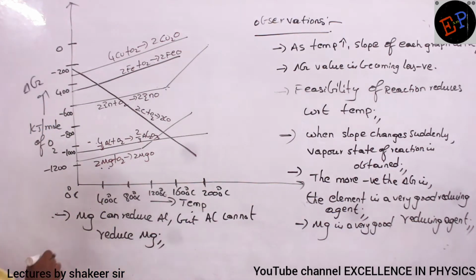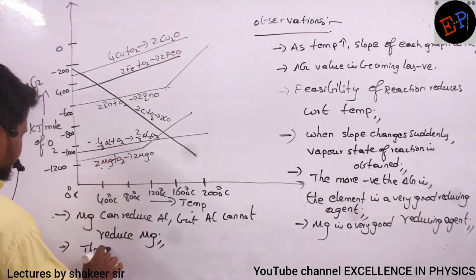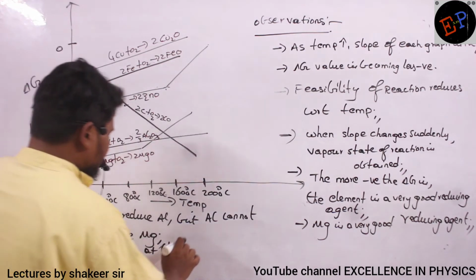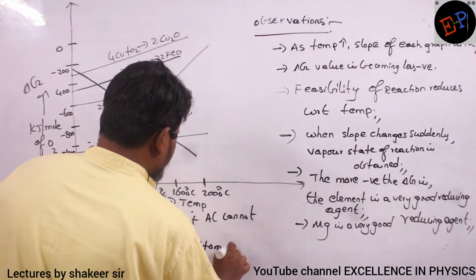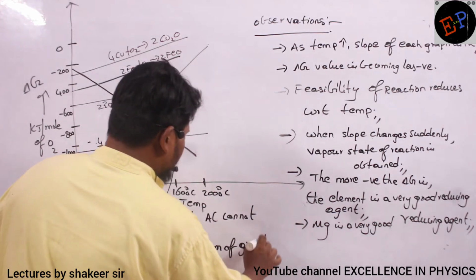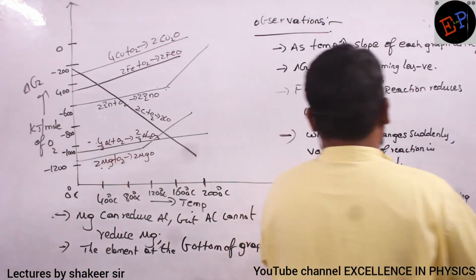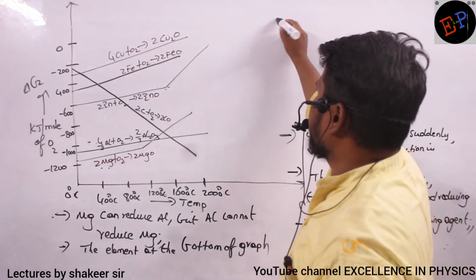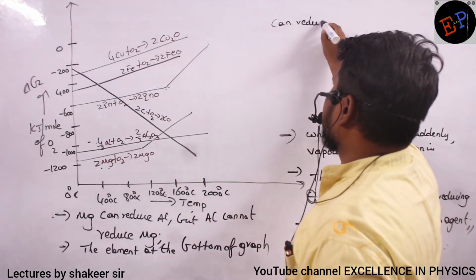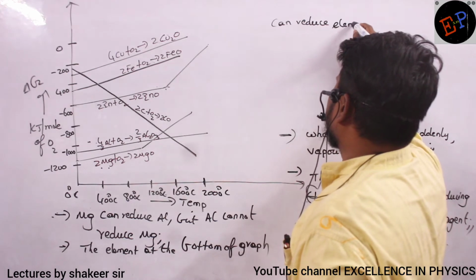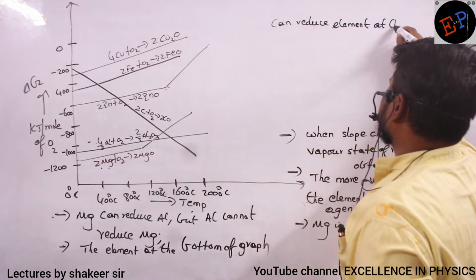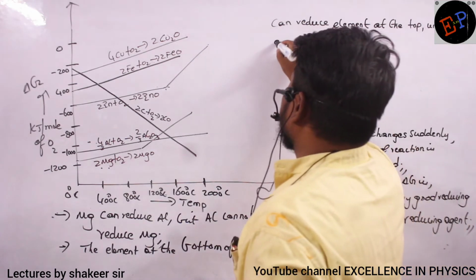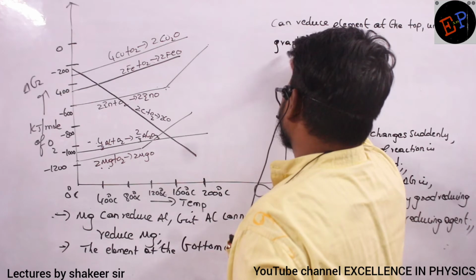And one more point which I can write is, the element at the bottom of the graph can reduce the element at the top until the graphs do not cross each other.